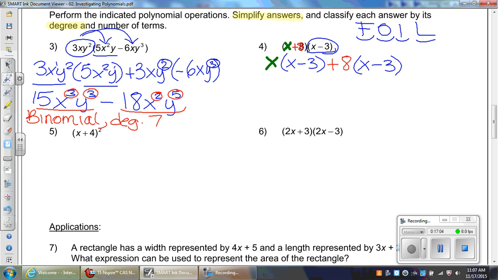So now I want you guys to distribute the x and distribute the 8. So it will be x times x, x times negative 3, 8 times x, 8 times negative 3. And after you do that, I want you to combine like terms.